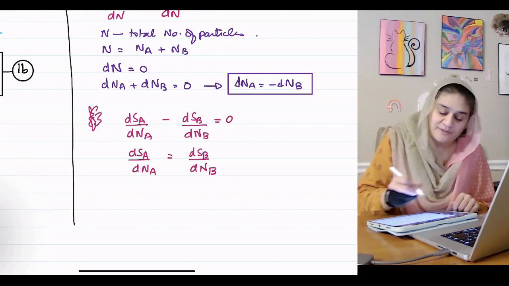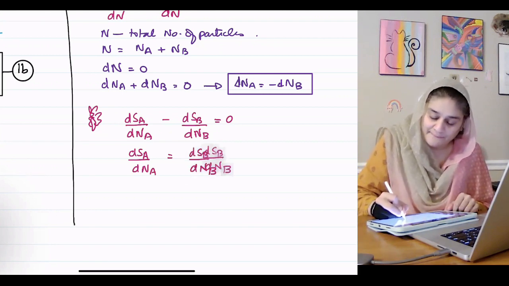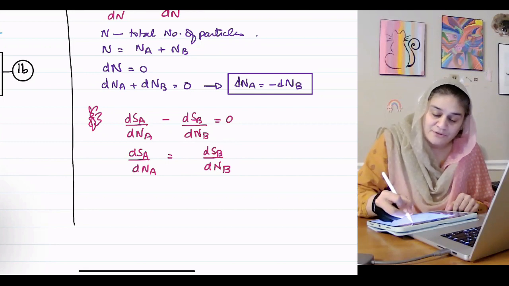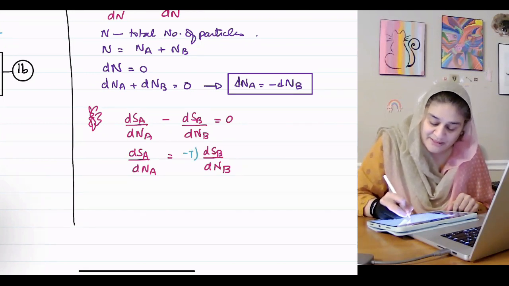Now, if I move this over a little bit, am I allowed to multiply both sides with negative T?